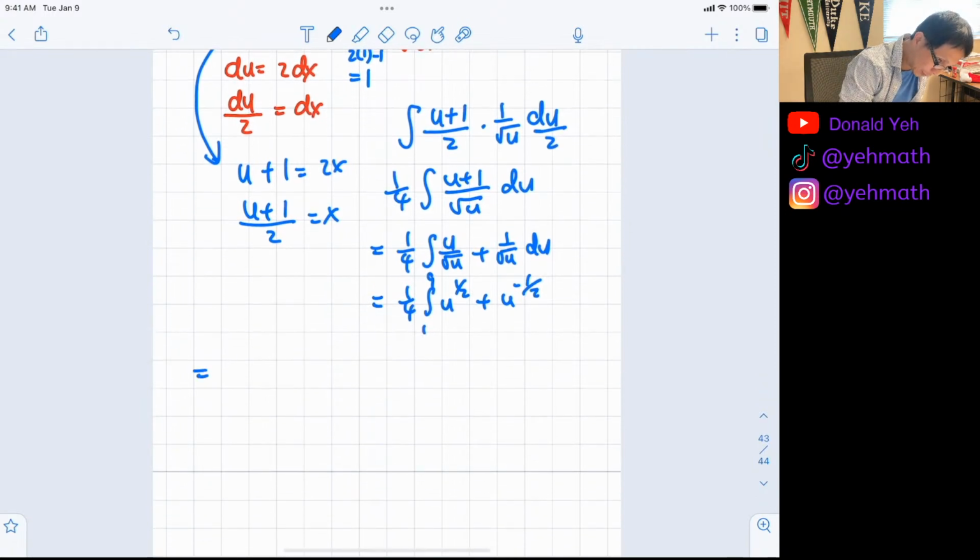So then that's equal to 1/4 times u to the 3 over 2, 2 over 3, plus 2u to the 1/2 between 9 and 1.